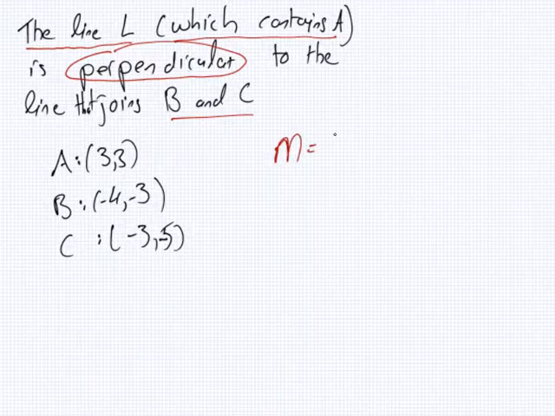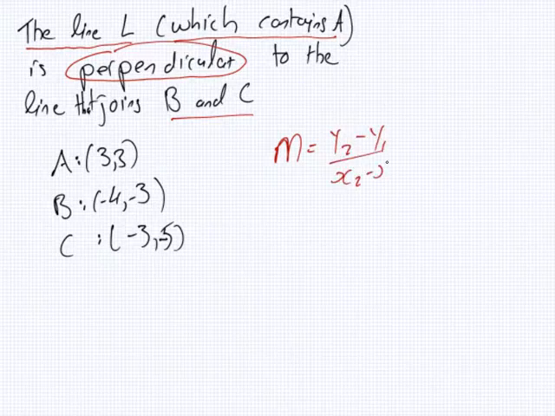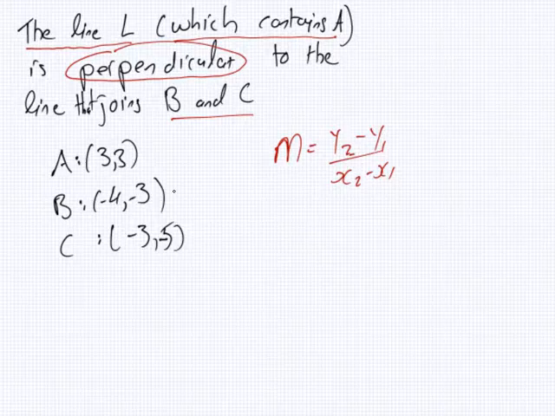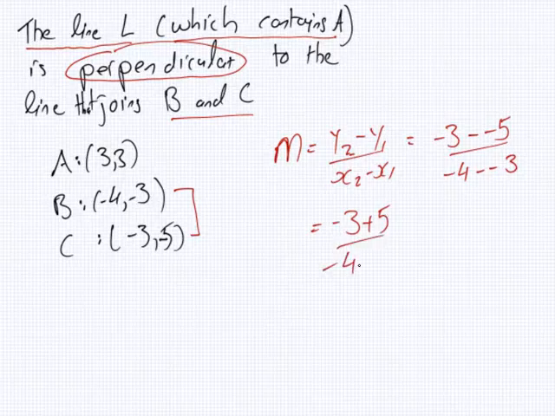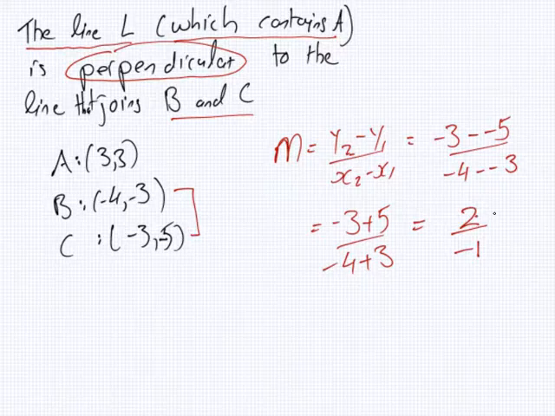M equals y2 minus y1 over x2 minus x1. So use these. Minus 3 minus minus 5 over minus 4 minus minus 3. Minus 3 plus 5 over minus 4 plus 3. 2 over minus 1, so minus 2.